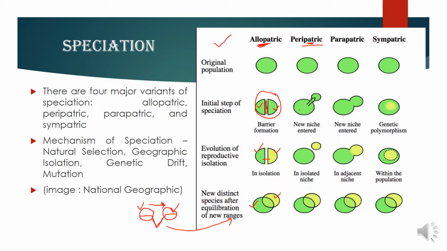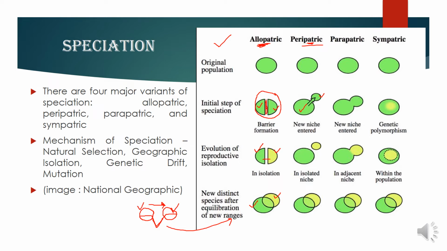But in peripatric speciation, the parent population is much larger than the population of the new niche.